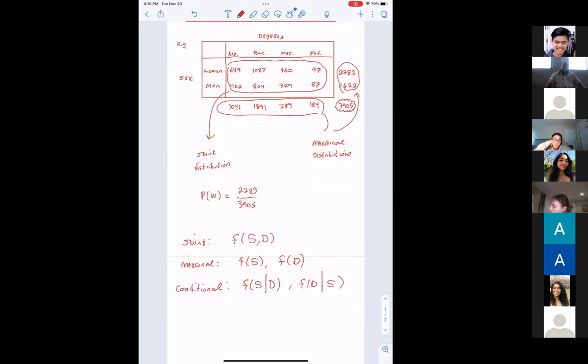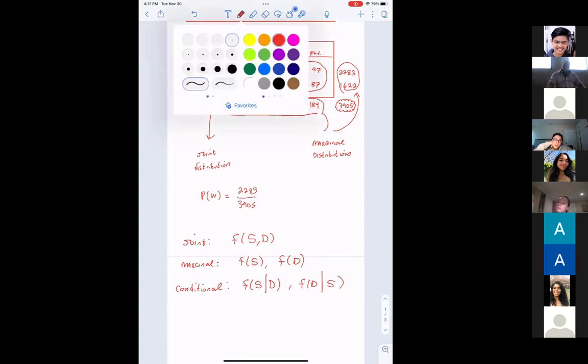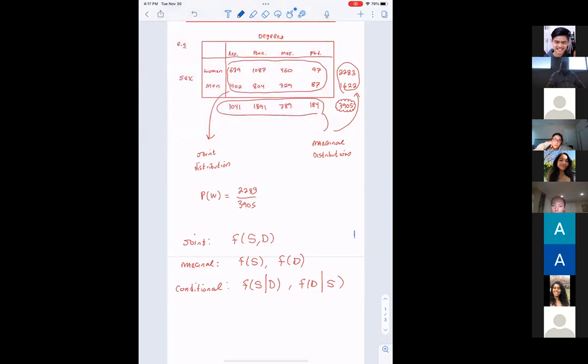Now, in this example that we have here, how many joint distributions are there? Not how many outcomes are there for that distribution, but how many actual joint distributions do we have? The answer is 1.